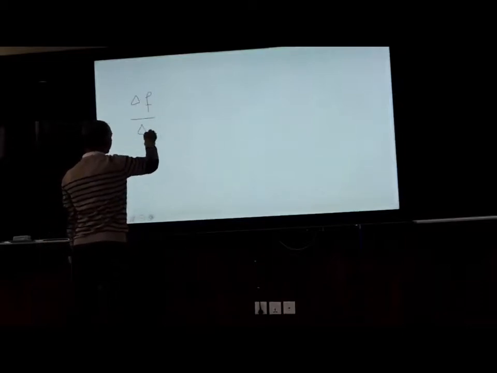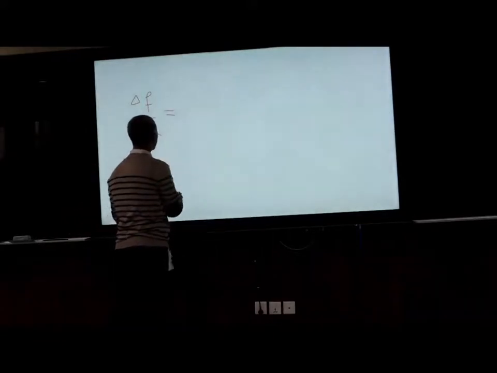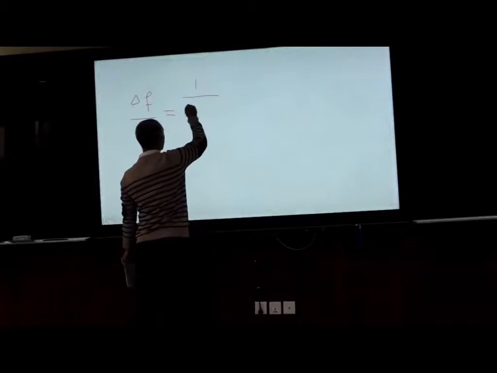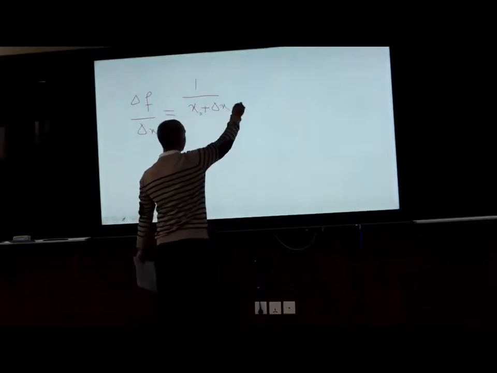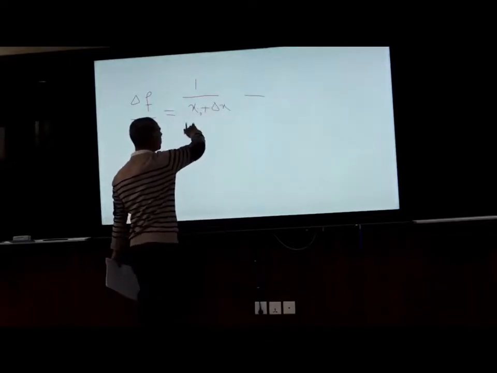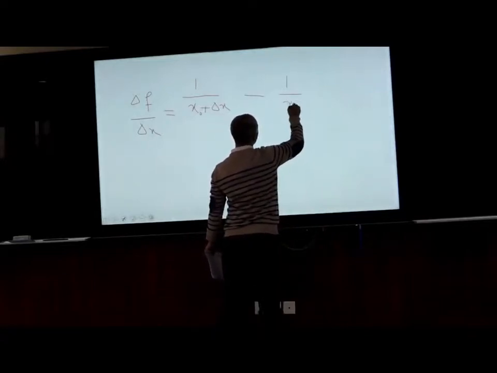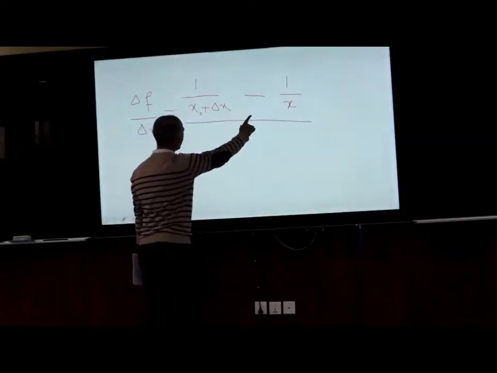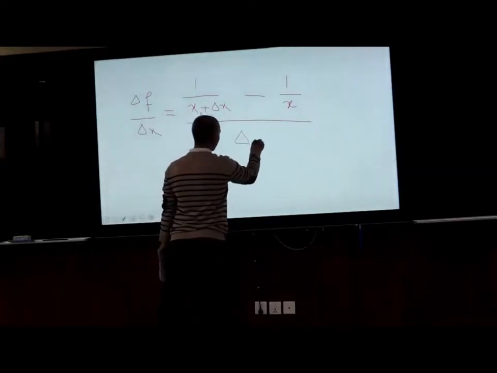For example, in formulae, we know the basic formula of the slope of the tangent line, rise over run. If we write it like this, then our function becomes: f of x naught plus delta x, that is y2, and the original function f of x naught, that is y1 or y naught. y2 minus y1 is the rise, and our run is simply delta x.